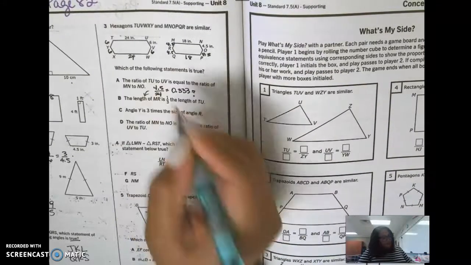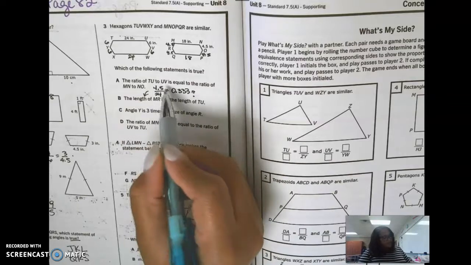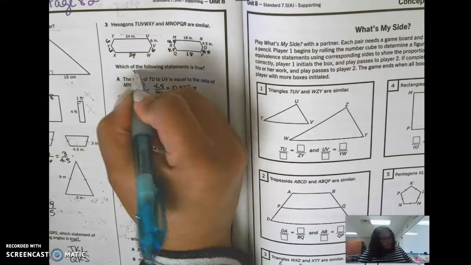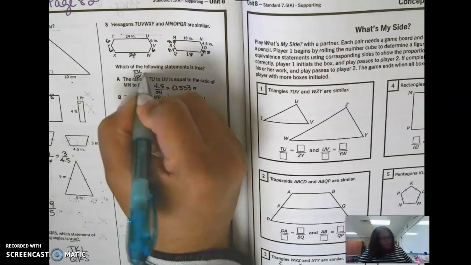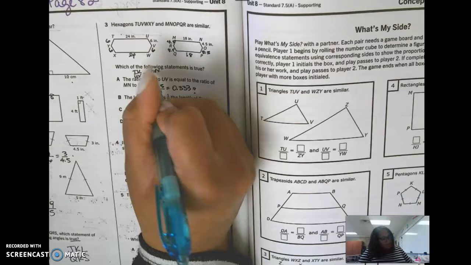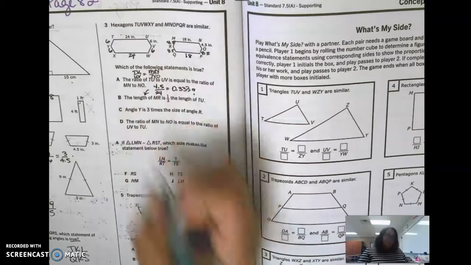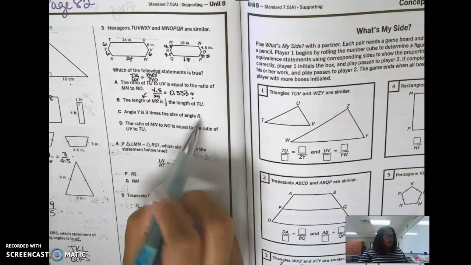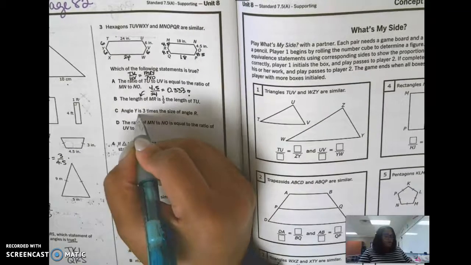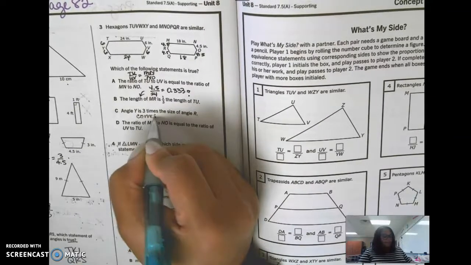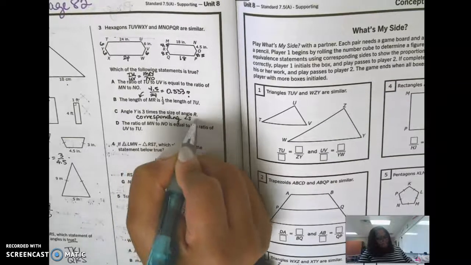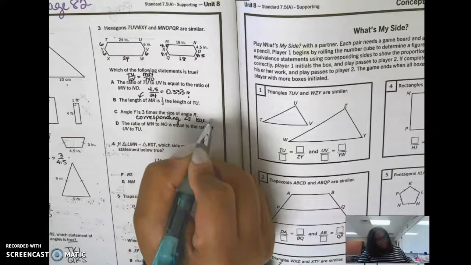That's for letter B. The ratio of TU to UV is equal to the ratio of MN and NO. Is that true? Angle Y is 3 times the size of angle R. Remember, corresponding angles are congruent.